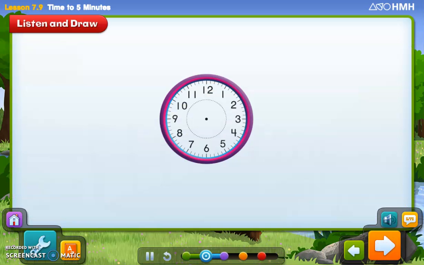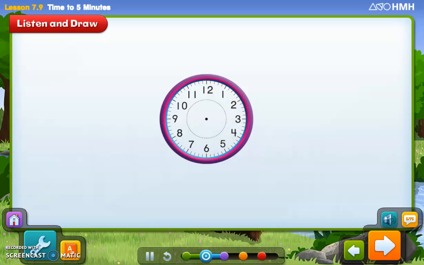Let's show times to the hour and half hour, using the hour hand and the minute hand. Sophie goes to the playground at 11:30. To show 11:30, the hour hand points halfway between the 11 and 12. And the minute hand points to the 6. The clock shows 11:30 because 30 minutes have passed since 11 o'clock.